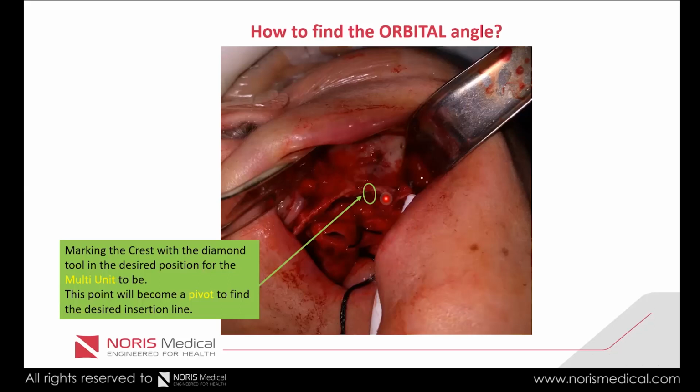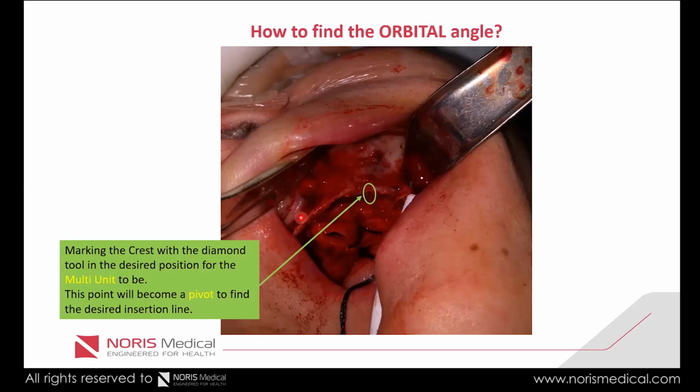I'm just giving you one way of doing that. And I would say something more before I continue, because sometimes the flap is raised so much that we can see the orbital rim under the flap. But not always do we want to raise the flap so much. And what I'm showing you here is a way that we can avoid raising the flap too much.